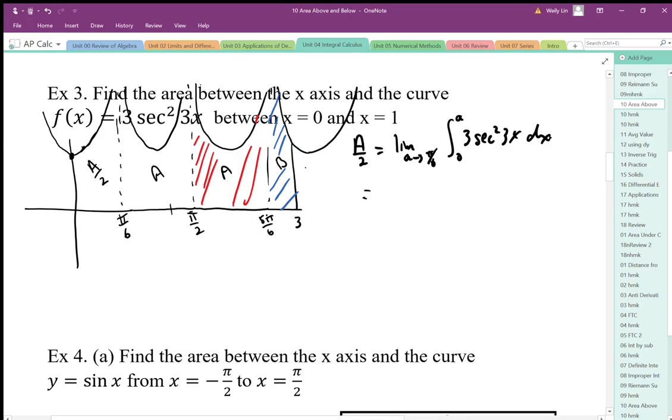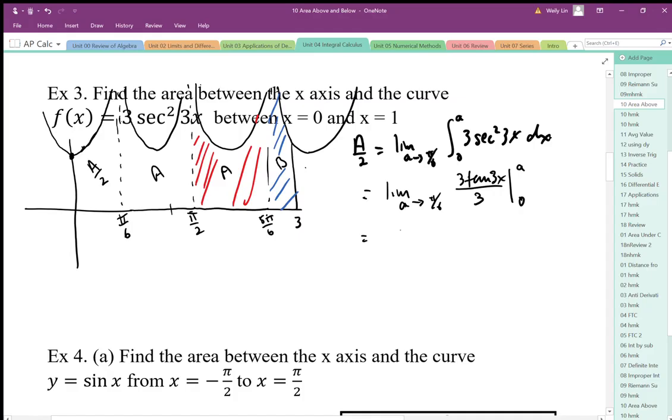The antiderivative of this is going to be tan 3x divided by 3, or I'll write it as 3 tan 3x divided by 3, so the 3's cancel out, from 0 to A. And then I'm going to plug in the A value here.